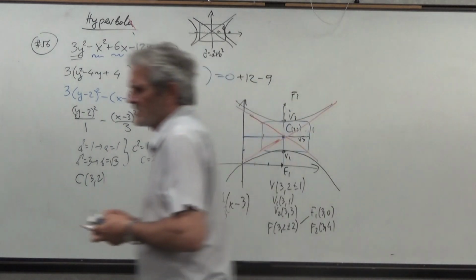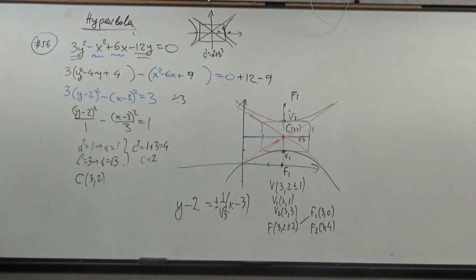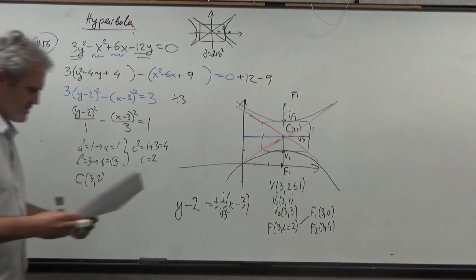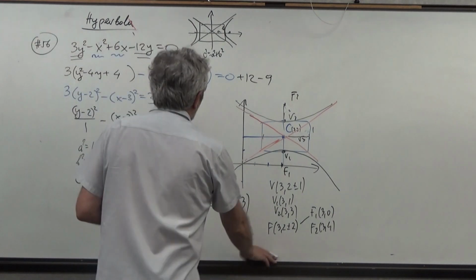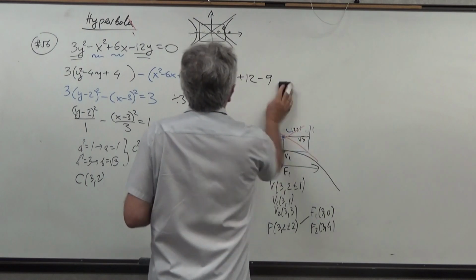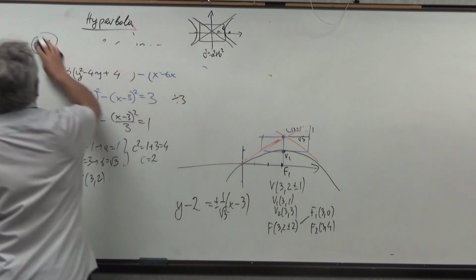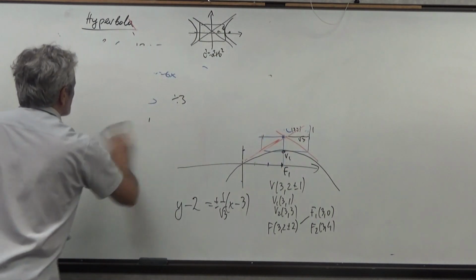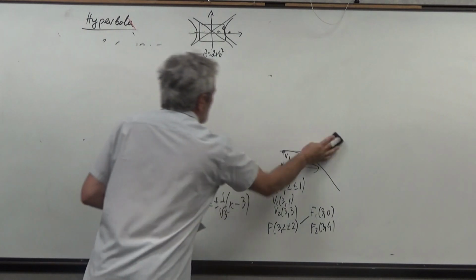Well, let's go to the other type of problems where we do have features and we want to find the equation. So here it is, number 64. It's the same thing, just we cover it backwards.